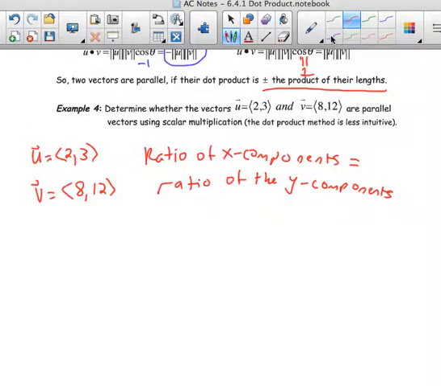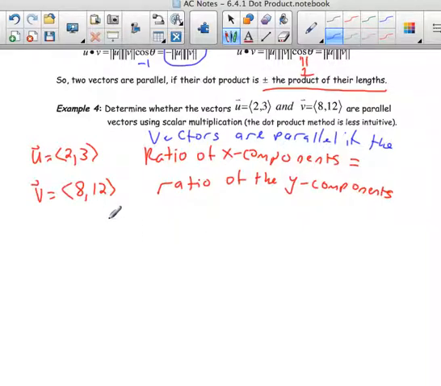So vectors are parallel if the ratio of the x components is equal to the ratio of the y components.